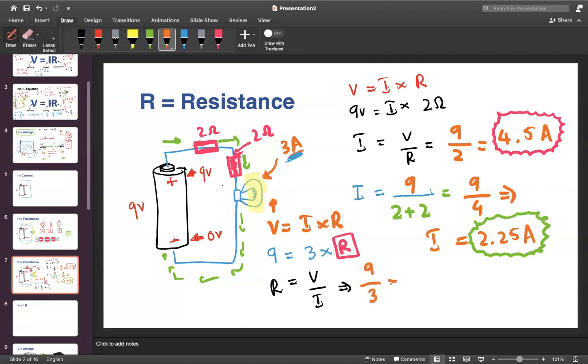Yes. Right. So what happens now? If I give a 3 ohm resistor instead of 2 ohms, what happens to this light? We don't have to add one more resistor.